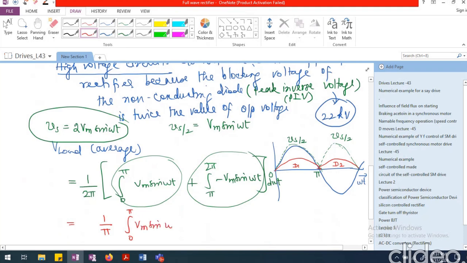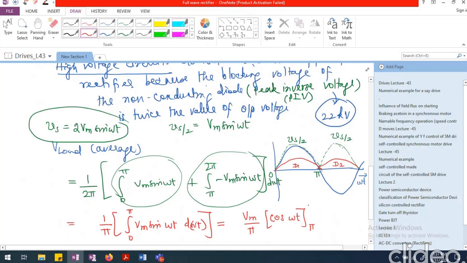So I can simply say Vm sin omega t d omega t, and it has to be integrated from 0 to pi. And after that, it has to be averaged over pi. So that is essentially going to give me Vm divided by pi, and I have to write cos of omega t, with the minus sign, because of which I can invert the limit.